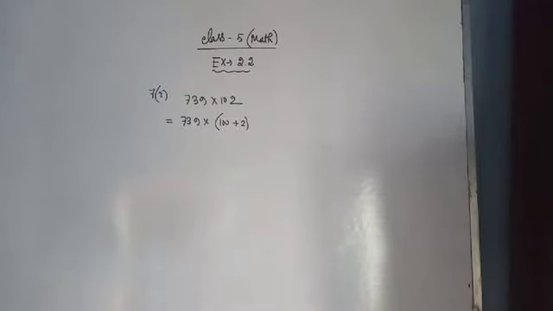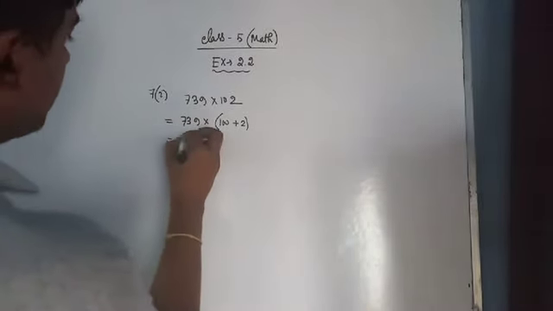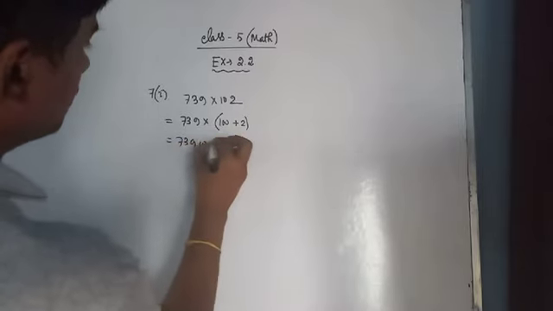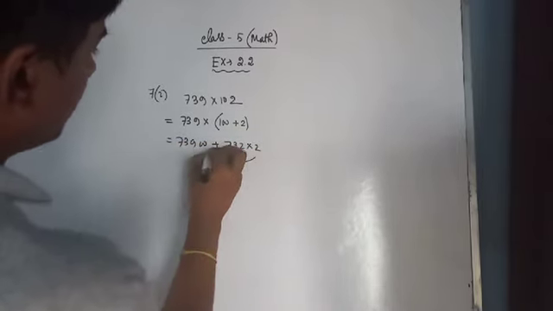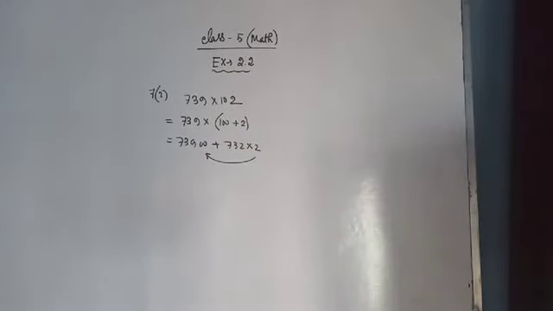It is the easiest way. You just multiply 739 into 100, that is 73900, plus 739 into 2. Then just do the addition and you get the answer. Okay, so this is another one.